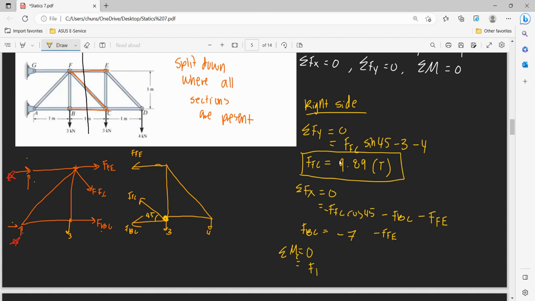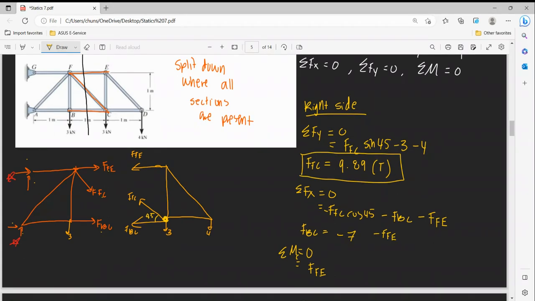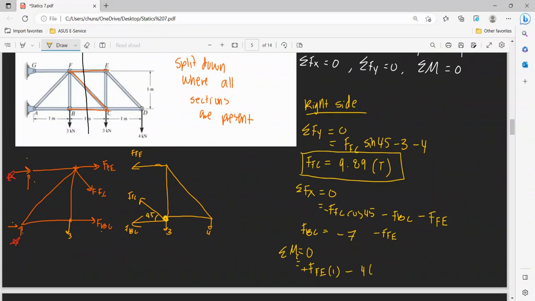F_FE is at a vertical distance of 1, and this would be going counterclockwise, so that's positive. And this is going clockwise for our forces, negative 4 at a distance of 1 from point C. And that means that F_FE is equal to 4 kilonewtons. It's positive, so it's under tension.